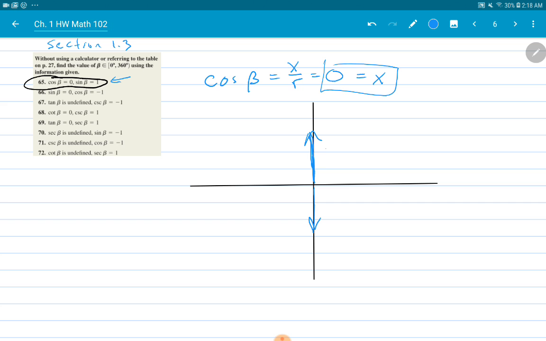It's one of those, option 1 or option 2. That's the only two possible options because x doesn't move, so x has to be 0, so the y-axis is the only place that x equals 0.